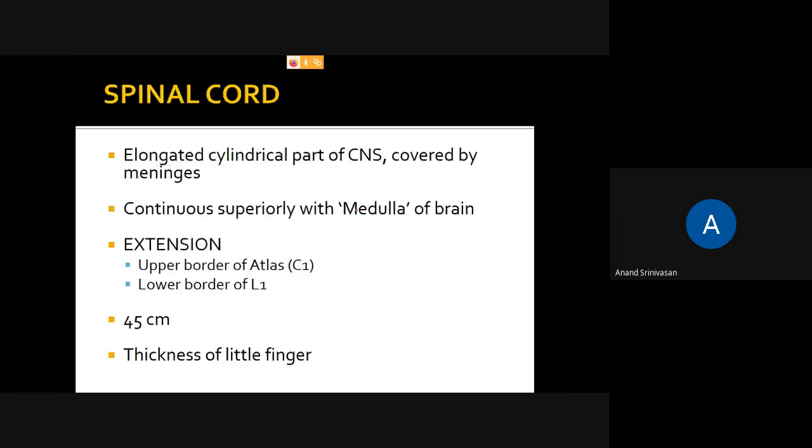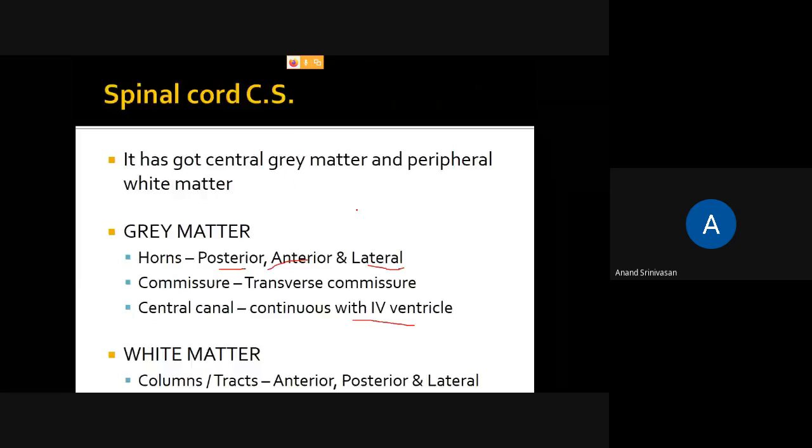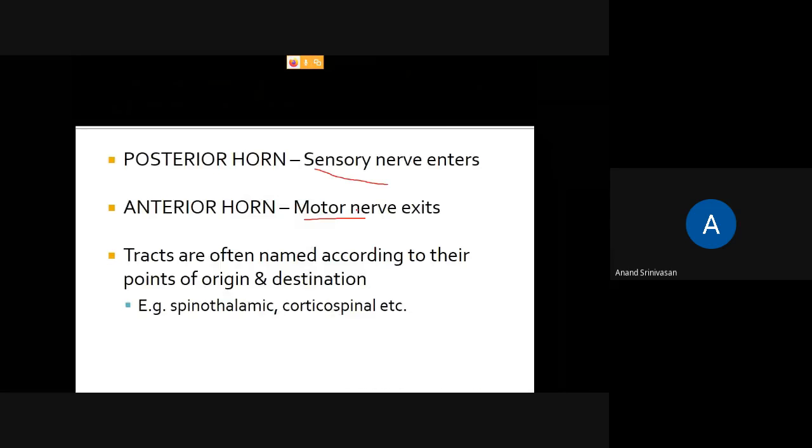And lastly, the spinal cord is also connected to the brain, and it contains a large number of neurons which are called tracts. The group of neurons which do the same function are called a tract.